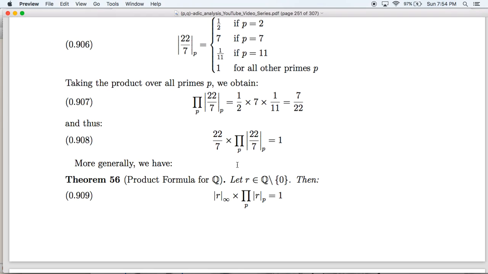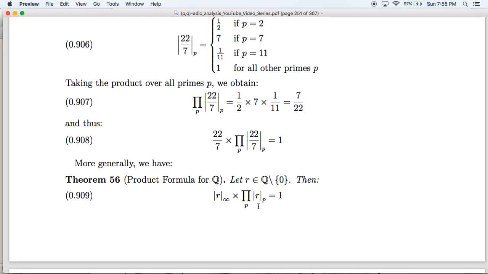For example, if you have any two primes which are congruent to 1 modulo 4, then the associated p-adics will both contain an element which is an embedding of i, a primitive fourth root of unity. So in this respect, we can make the p-adics and the q-adics work together by looking not at what they don't have in common, but at what they do have in common. And the product formula is one case where this really does occur.